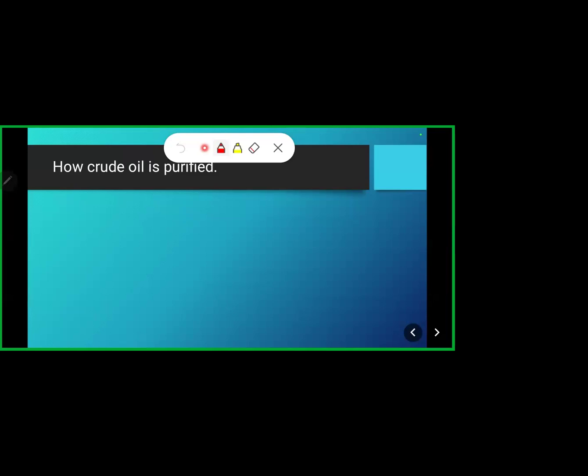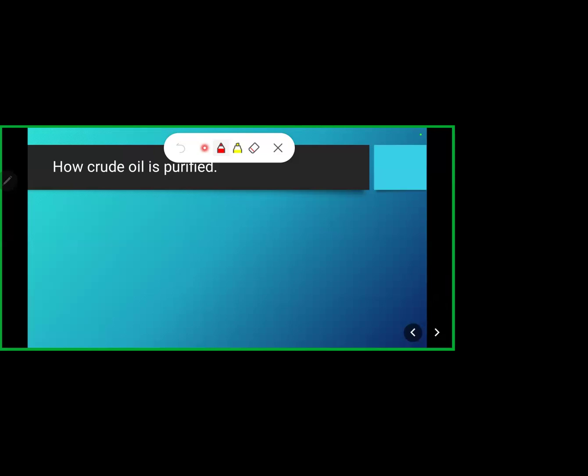Do we have any other hands up? Yes. Maria Martha. Crude oil is purified by the process of fractional distillation. Okay, good.